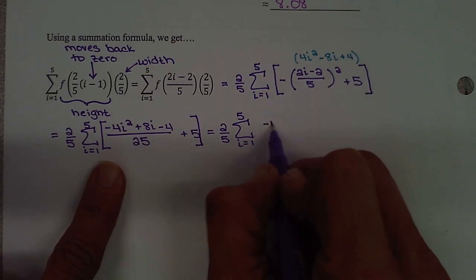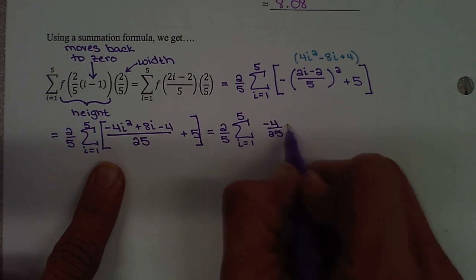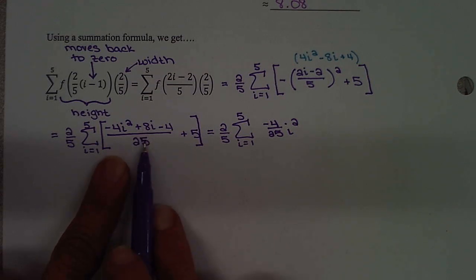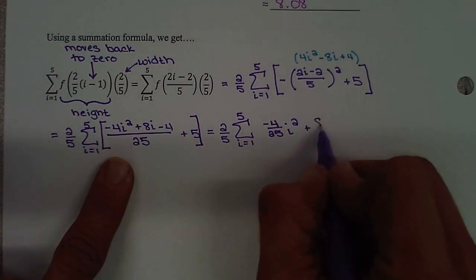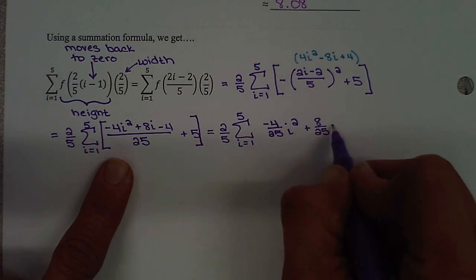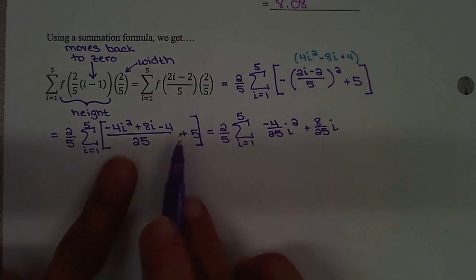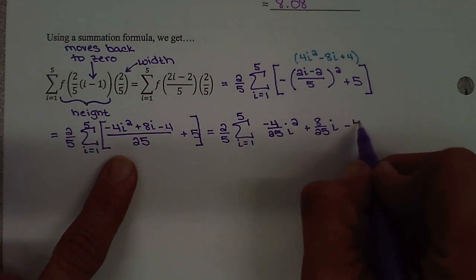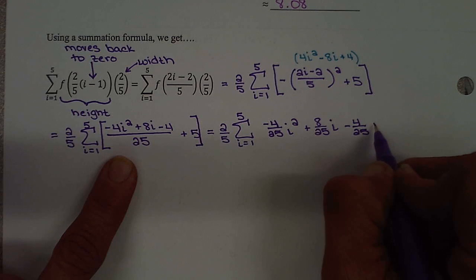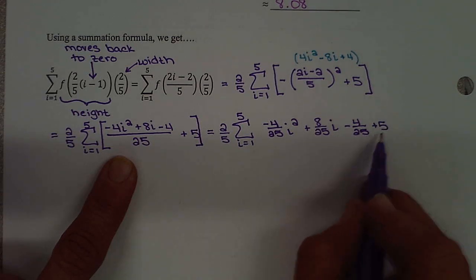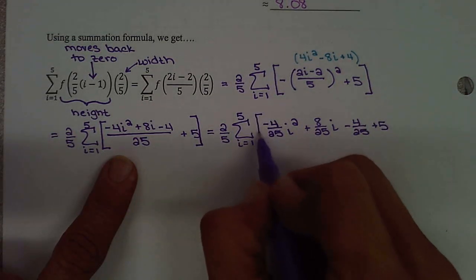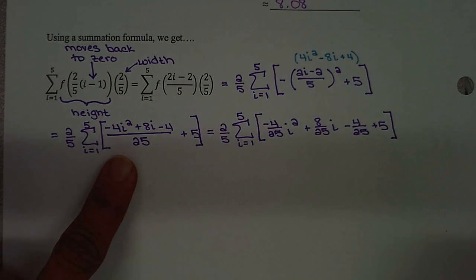So negative 4 over 25 i squared. Then this 8 over 25 and then the i. So plus 8 over 25 and then the i. And then I'm going to have a negative 4 over 25 and then the plus 5. And these I'm actually going to be able to combine into a single constant.